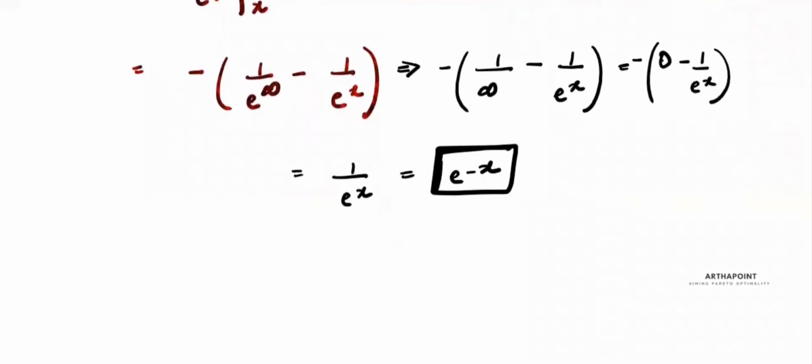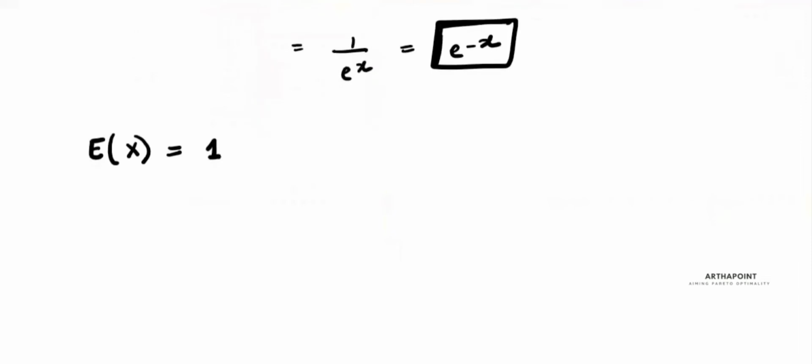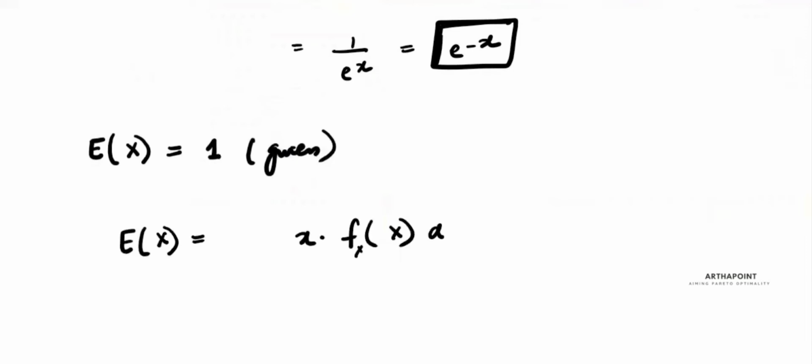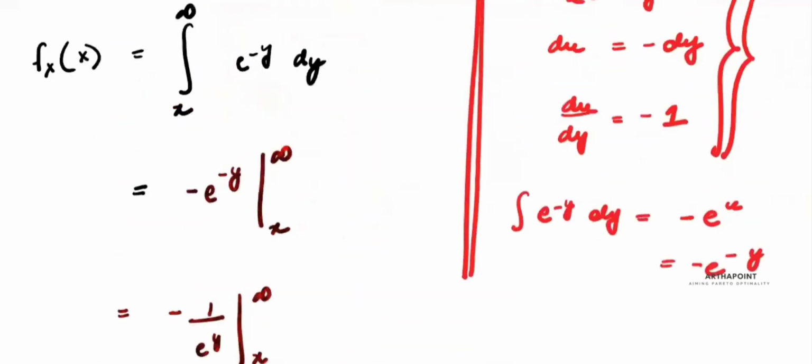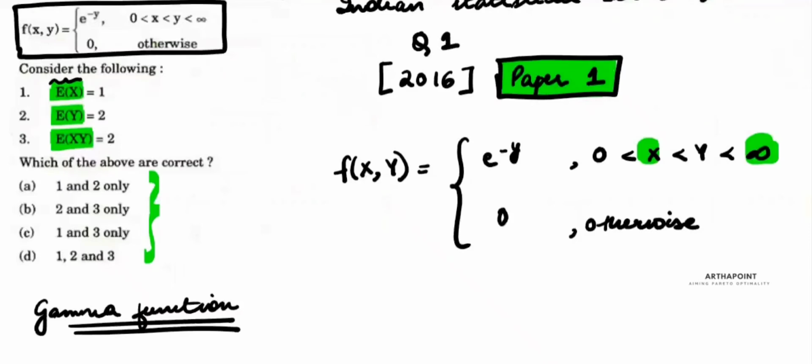Now, we have to find the expected value of x. What is the expected value of x going to be? It is given to us that the expected value of x is 1, of course, but how do we find it? The expected value of x will be the integral of x f of x dx, and x ranges from 0 to infinity, isn't it?